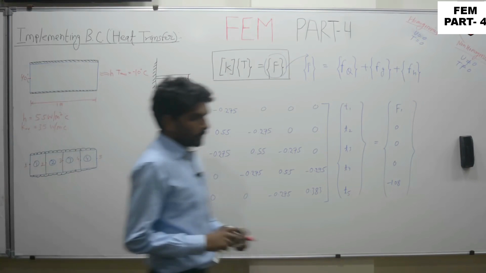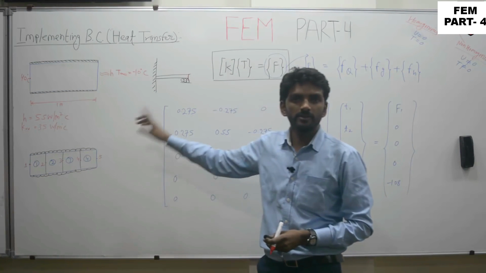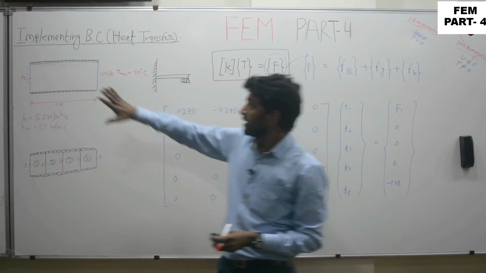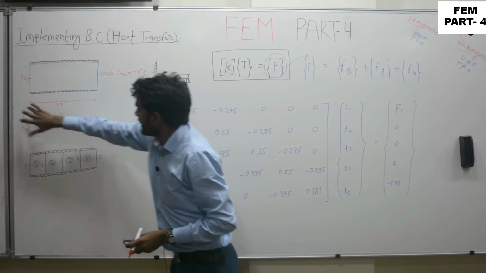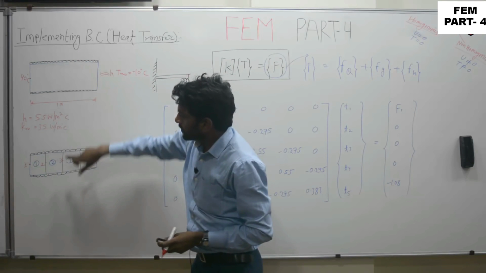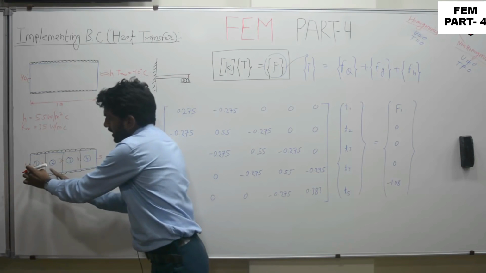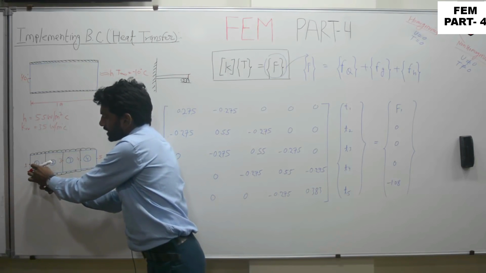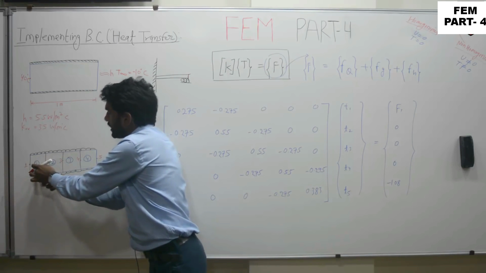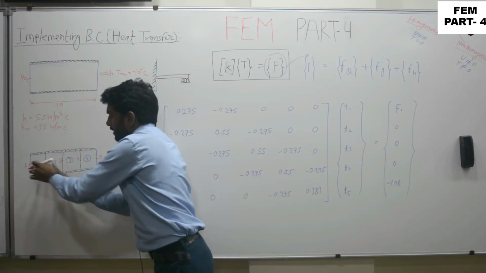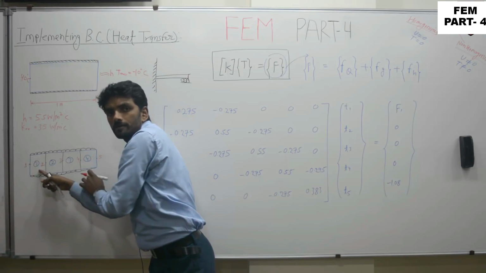Now to approach this particular problem, we need to follow those 9 steps. What was the very first step? Discretization. It means we need to divide this particular domain of interest into small segments or small parts, so that we could know the contribution of the local stiffness matrix of each individual part, then the contribution of the local force vector of each part, and then the field variable at each part.